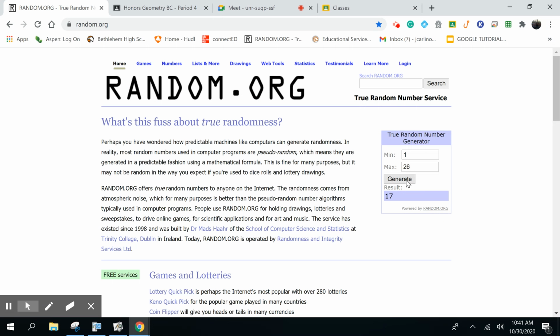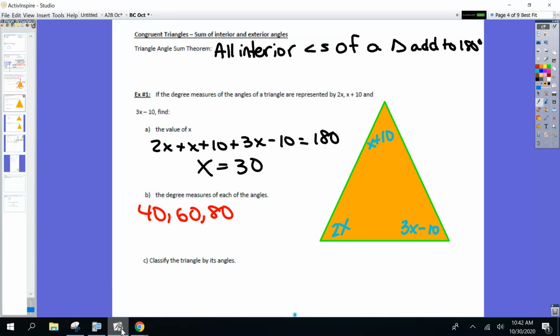Maeve, what type of triangle am I working with if I got degree measures 40, 60, and 80? Acute, good job. I know it doesn't say to justify, but just so we're clear, acute triangle because all three angles are less than 90.